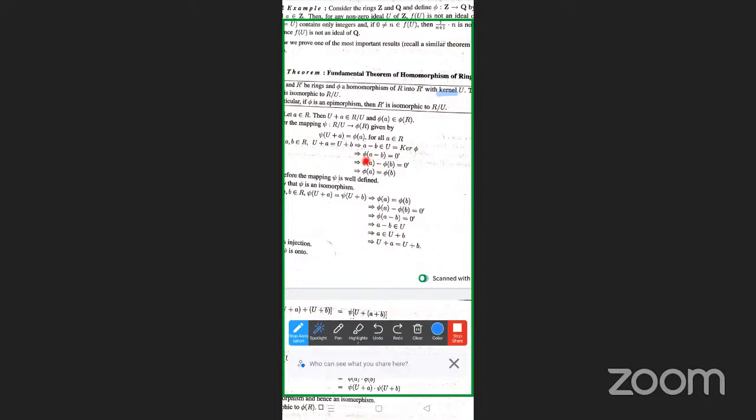So π(a minus b) equals 0'. By using the homomorphism condition, π(a) minus π(b) equals 0'.